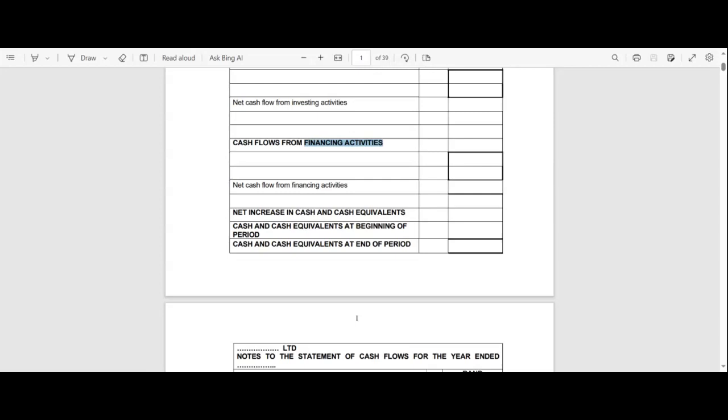So please, ladies and gentlemen, when you are drawing up this statement of cash flows using the direct method, please refer to your current assets as well as your current liabilities. Because in the 1 year, you might have a positive balance, which will then be indicated as a positive figure. And in the other year, it will not be a current asset. It might have been a current liability, such as a bank overdraft, which will then be indicated as a negative figure.